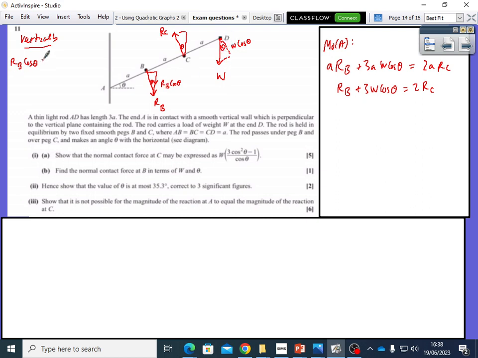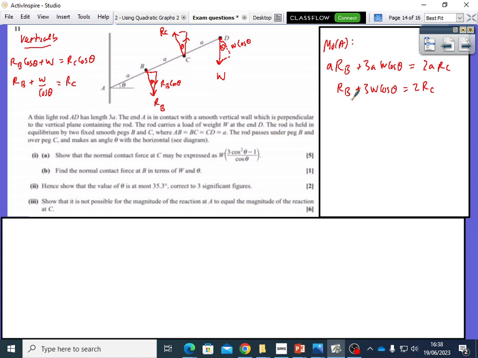The weight is coming down, that's just dropping down like that. And that's going up, going this way, so that's RC cos theta. Now if I divide everything by cos theta, I'm going to get RB plus W over cos theta, which is just going to equal RC.